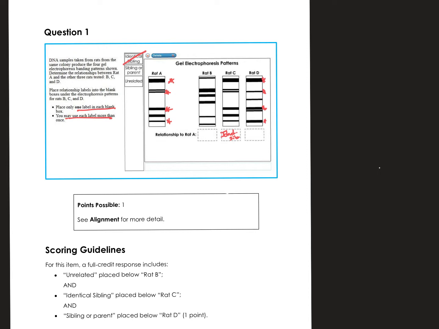It's in a similar place. It's thicker on the right than it is on the left. But to me, there's 1, 2, 3, 4 similarities between A and D. So there's 4 similarities. So at that point, I'm going to have to say it's similar enough that it could be a brother or parent. Sib or parent.